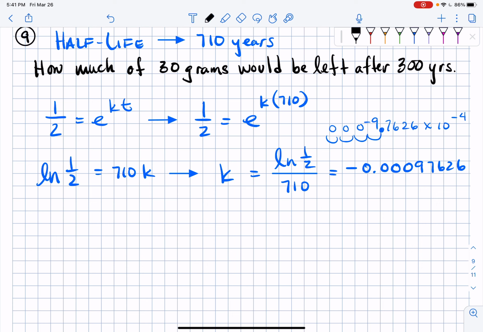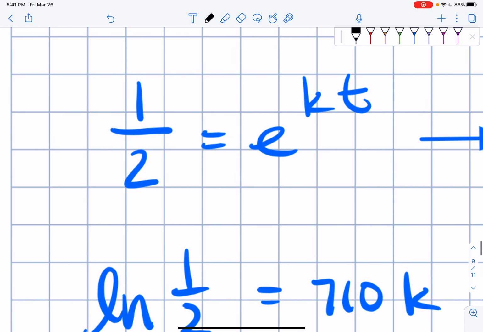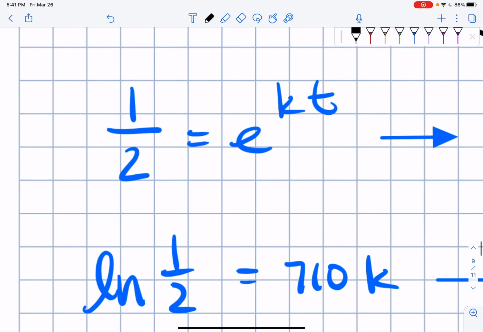Because it's giving me an initial amount, and it's not 710 years, so it's not half of it. It's not half of a half-life, which we don't know is actually true either. So we actually can't use the half-life formula, which is 1/2 equals e to the kt.